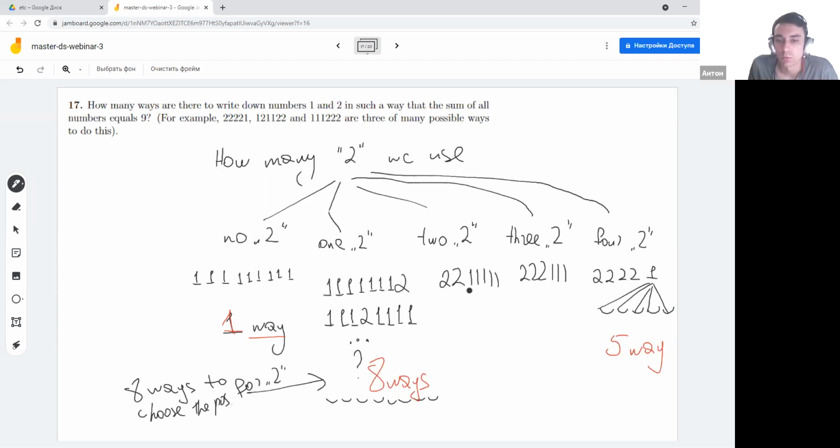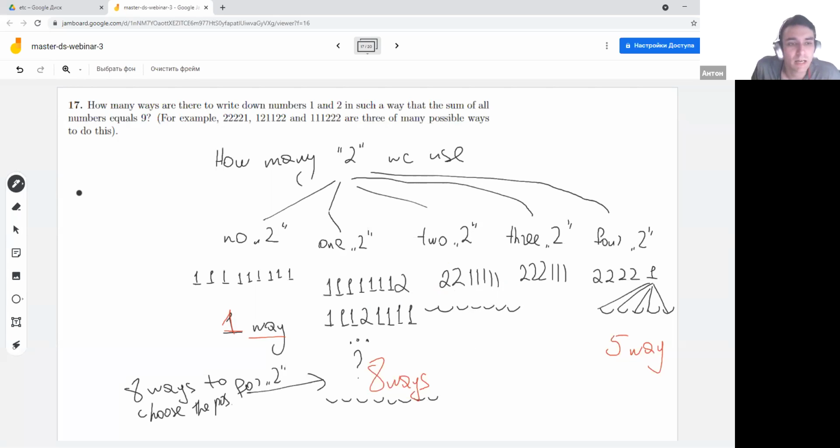And the number of ways to rearrange, for example, this sequence is the number of ways to choose 2 positions from 7. So we have 7 positions, and we want to choose 2 positions from them.